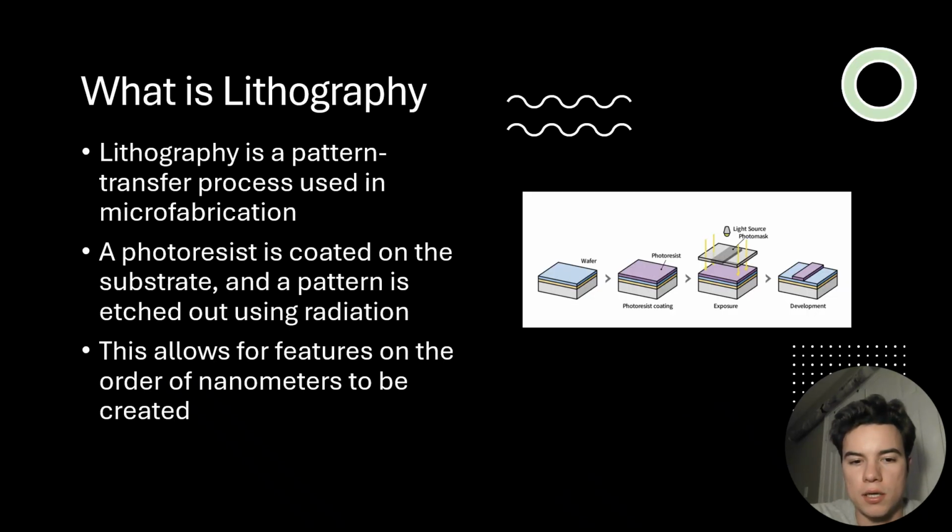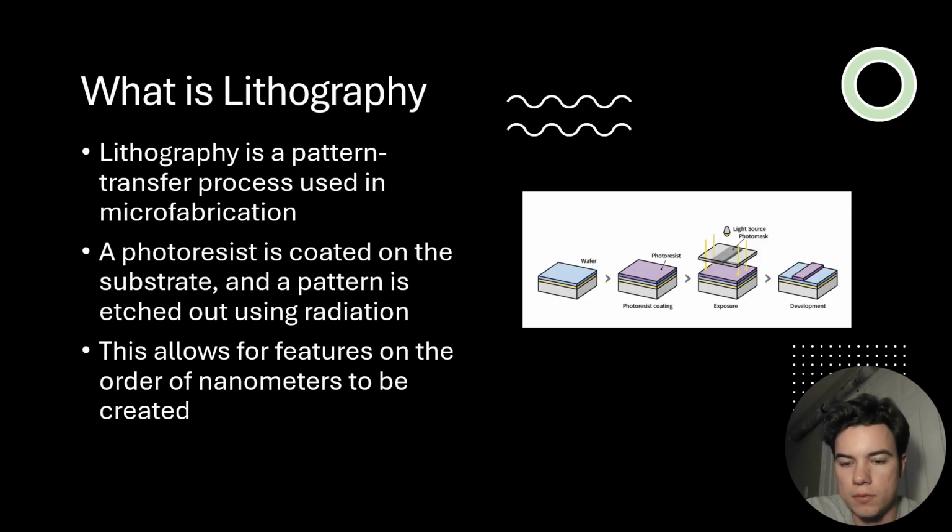So firstly, what is lithography? Well, lithography is a pattern transfer process used in microfabrication, primarily in semiconductor fabrication or in the creation of MEMS devices. As you can see in the image here, we have a photolithography process, which involves a wafer, a substrate, and a photoresist, which is coated on top of it, and a mask aligned with the wafer and photoresist combination.